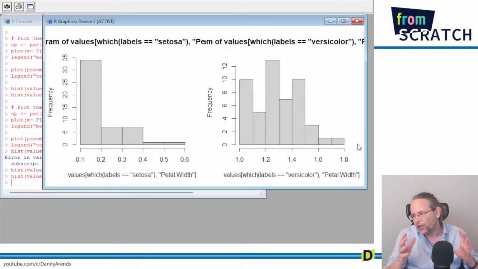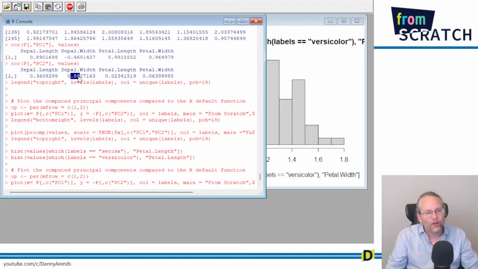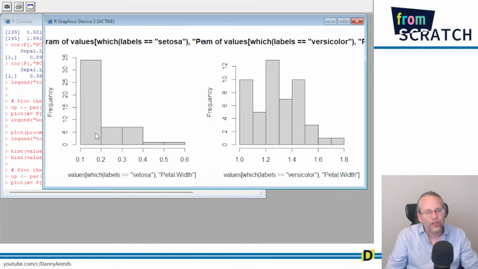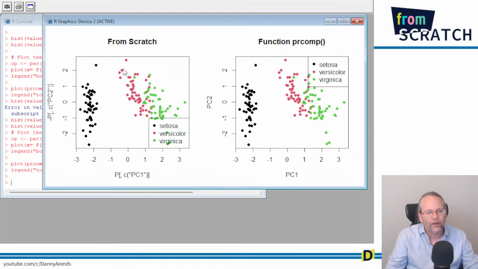So not entirely, but that's also because the correlation is not 100%. But we can see that there's at least kind of the same amount of variance in the petal width between the setosas and the versicolors, which is kind of what the second PC tells us as well.